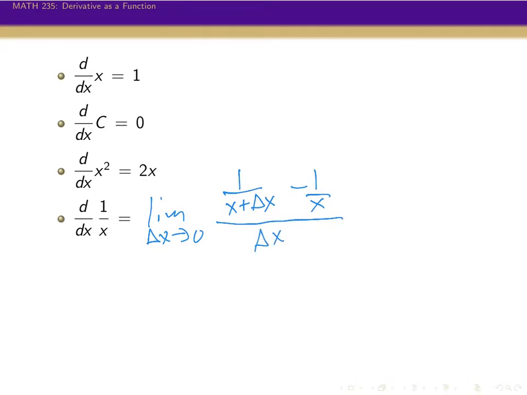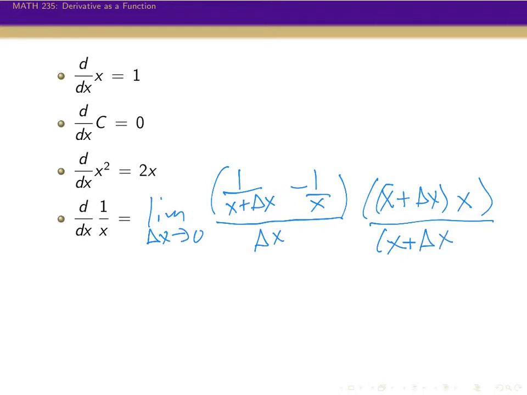Now I've got fractions in the numerator, so to get rid of them I'm going to multiply by x plus delta x to get rid of the fraction on the left, and also by x to get rid of the fraction on the right. Then I have to multiply the bottom as well, so at the end I'm only multiplying by 1 and not changing the limit.